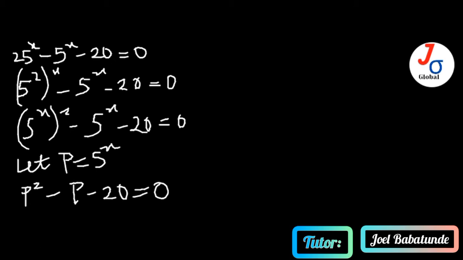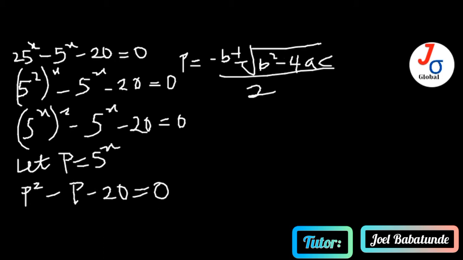Let me just use the formula method so that we can get things easier. So the formula method is given by p equals minus b plus or minus square root of b squared minus 4ac over 2a.